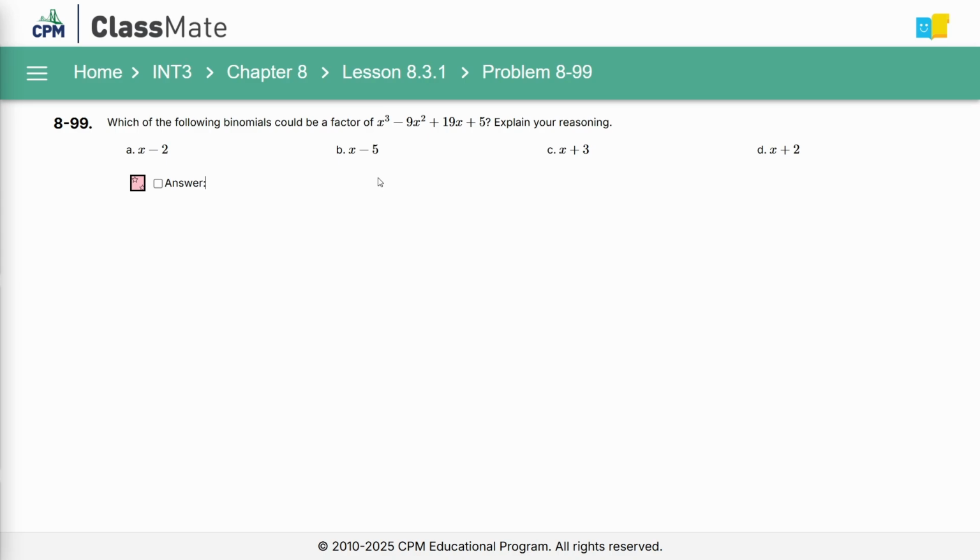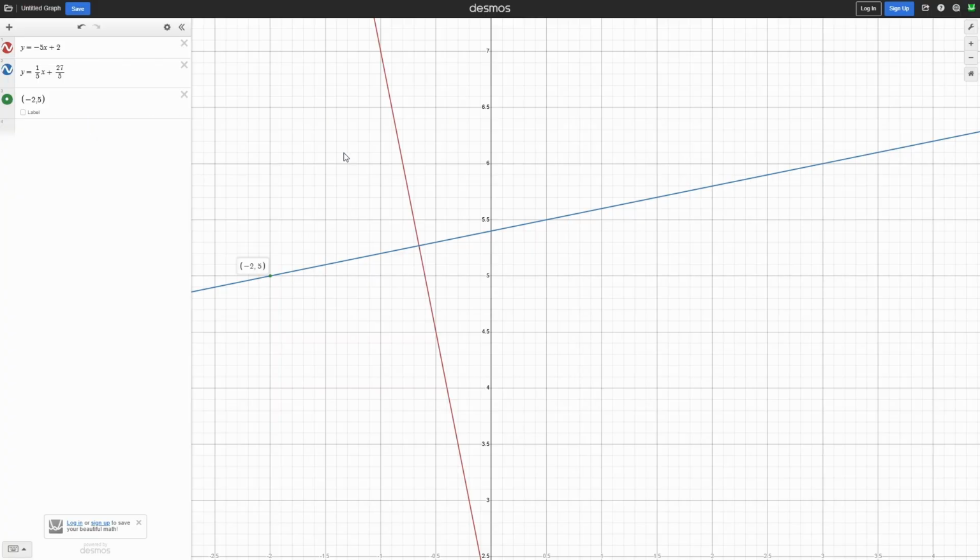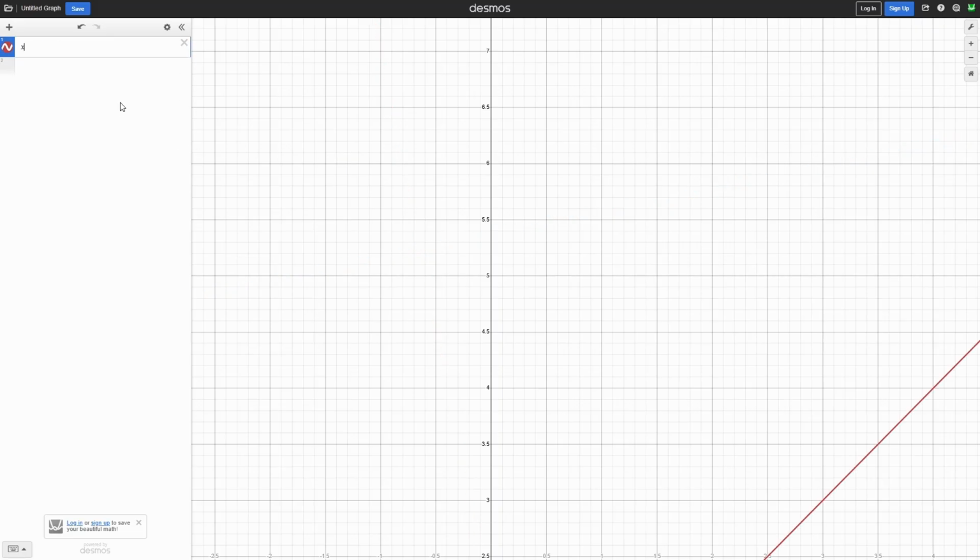Actually, if I'm not mistaken, I actually know all three. It would be x minus 5, and then x minus 1, x plus 1. If I'm not mistaken. Let's check that. I'm really curious to see if I got it.